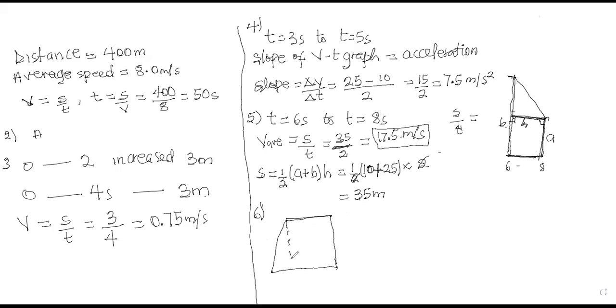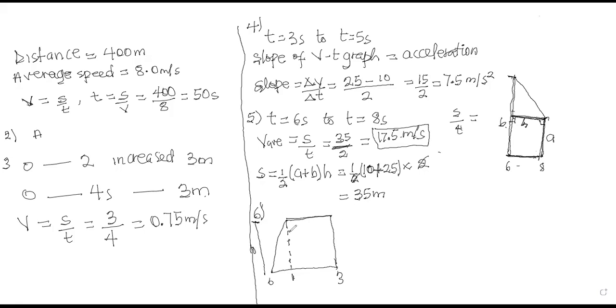Okay, I'm just sketching. From 0 to 1, then this is 3, and the speeds involved are 5 and 10.